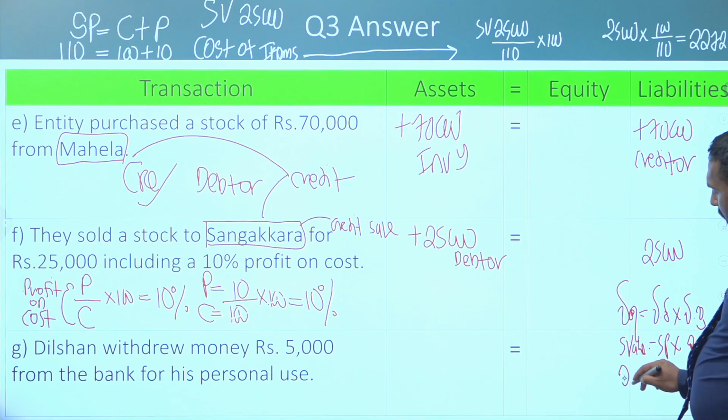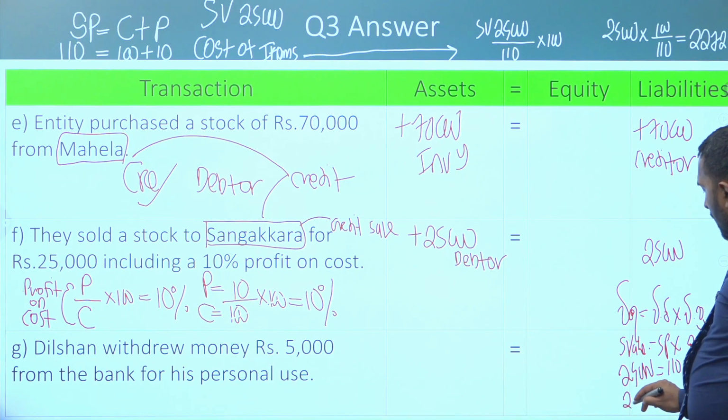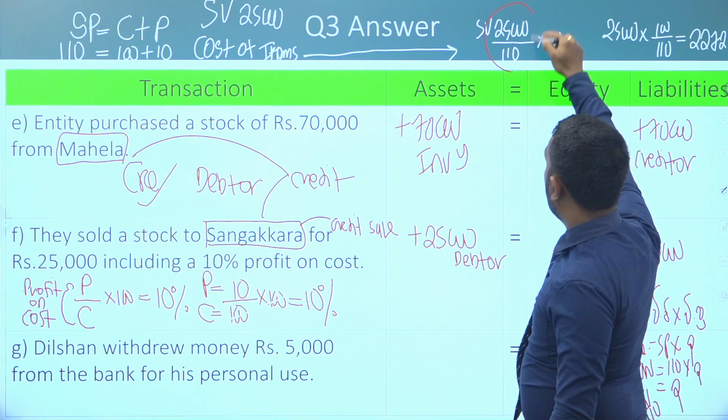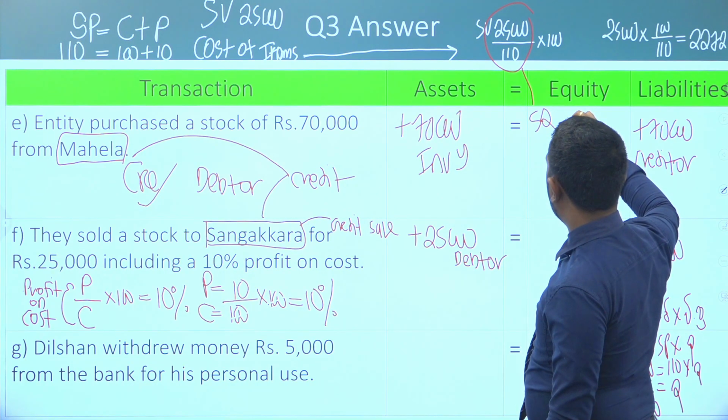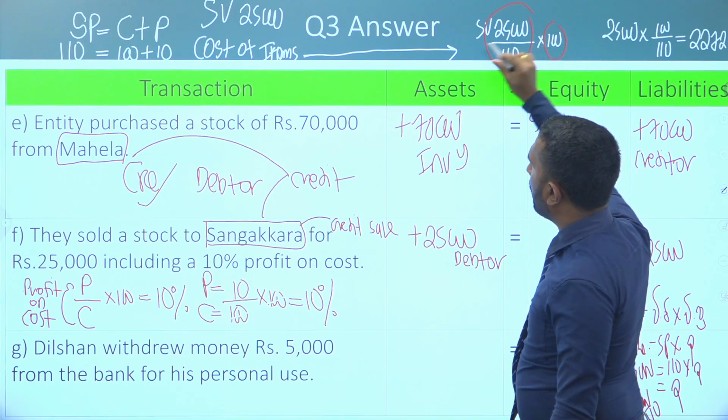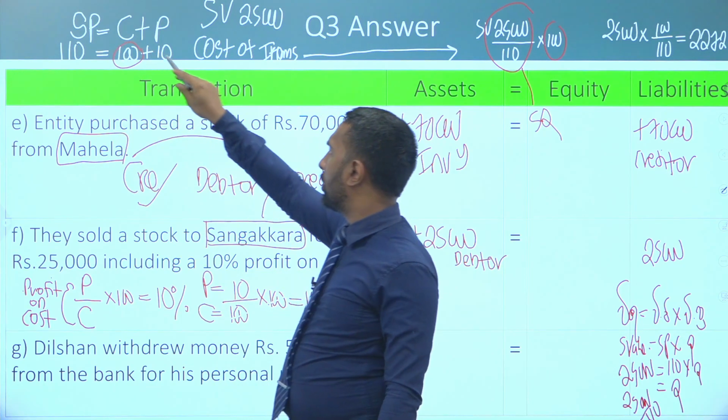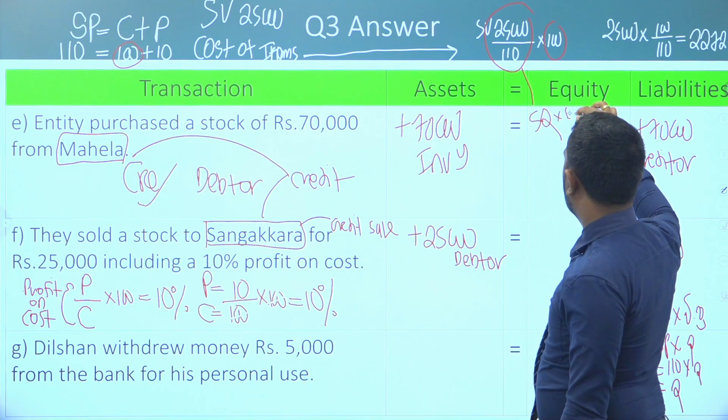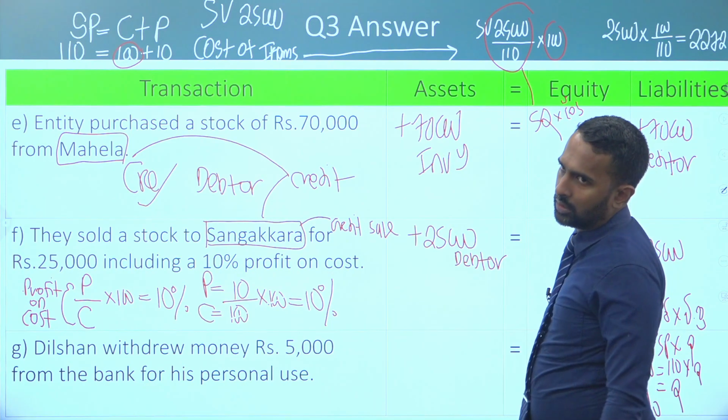We are given a sale value of 25,000, and we know the selling price is 110, but we don't know the quantity. So when you divide 25,000 by 110, you will get the sale quantity. When you multiply that by the unit cost of 100, you will get the total cost.